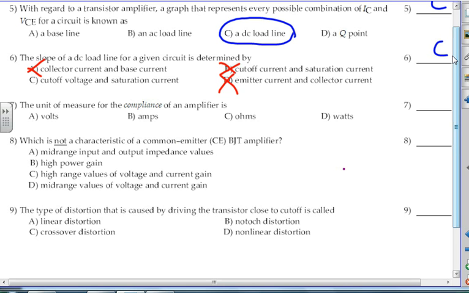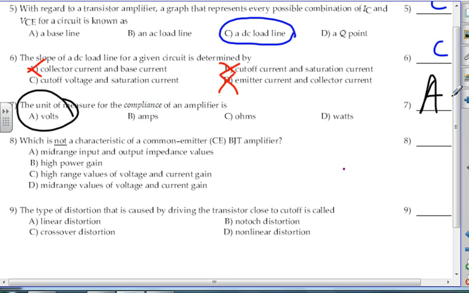There's a glossary in the back of the book. Should I guess? No, I don't want to give you the wrong answer. Compliance: the maximum undistorted peak-to-peak output voltage. All right. Voltage. That's exactly what I was going to say too.